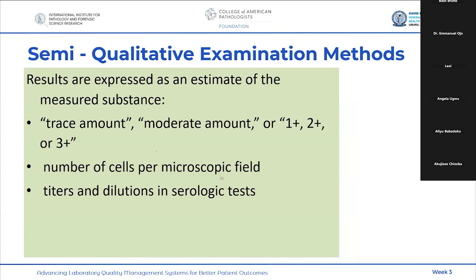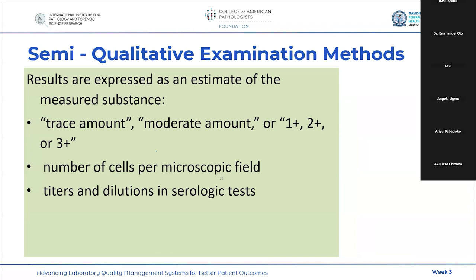For semi-quantitative, this is a typo, it's supposed to be semi-quantitative examination method. The results are expressed as an estimate of the measured substance. So here we look at trace amounts, moderate amounts, 1 plus, 2 plus.